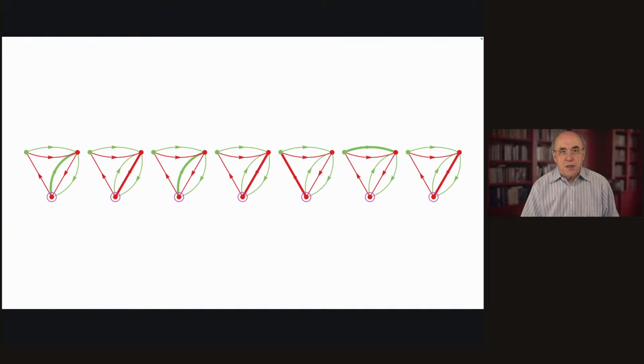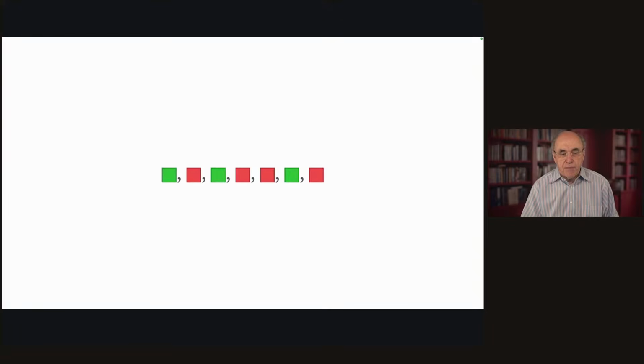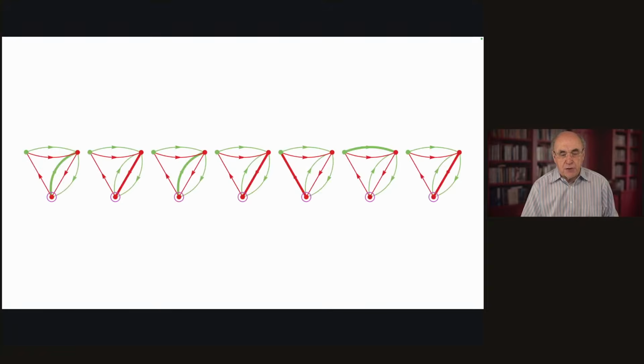Then successively follow the edge whose color matches the next move made by the opponent. So these are the opponent's moves, green, red, green, etc. And then what we're doing is we're following the edge that matches that color. And then at the end, we'll reach some vertex in the graph for the finite state machine. So in the particular case we're showing here, we eventually reach a red node in the finite state machine.